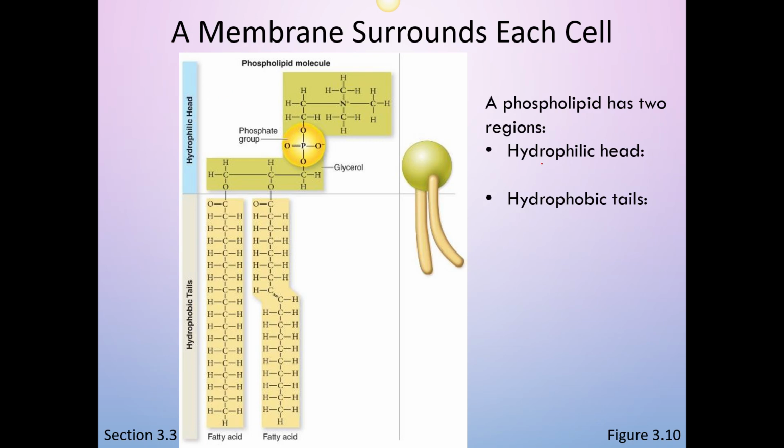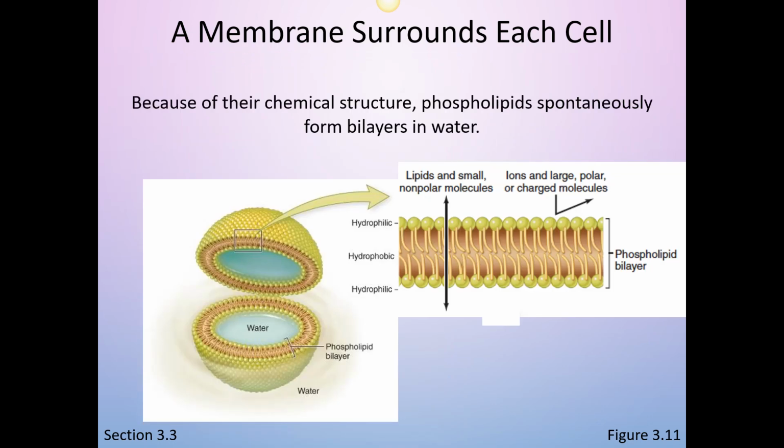So the hydrophilic heads are on the outermost surfaces, while the hydrophobic tails kind of line up and join each other in the center. Because of their chemical structure, phospholipids spontaneously form bilayers in water. So if you have a whole bunch of phospholipids and you put them in water, they're going to spontaneously come together to form a membrane-like structure. All of the lipid tails are going to be on the inside, while the phosphate heads are going to be on the outer sides of the membrane.